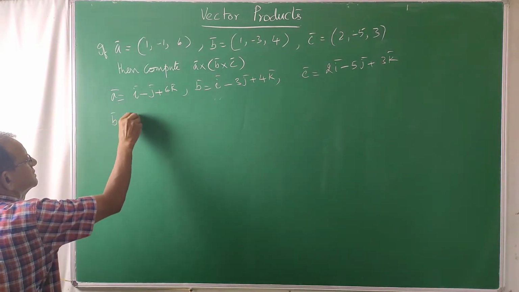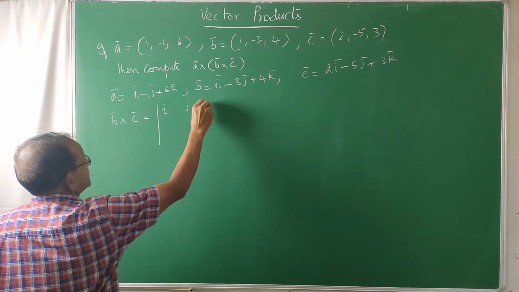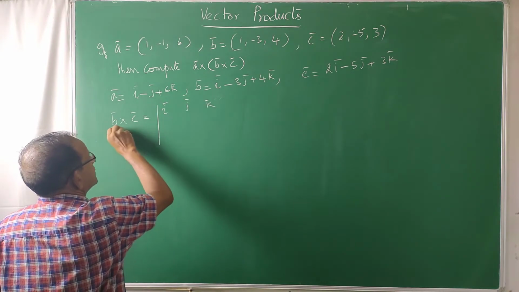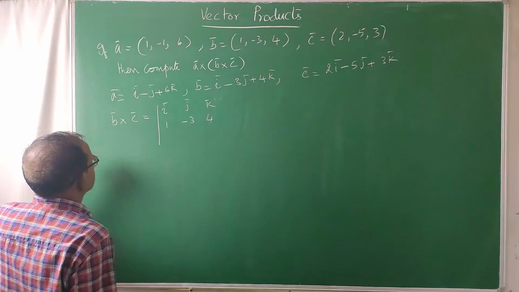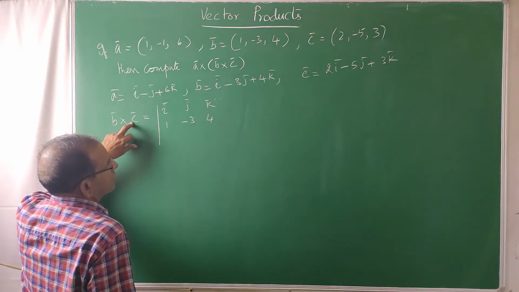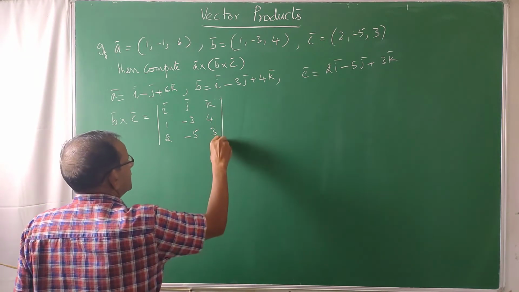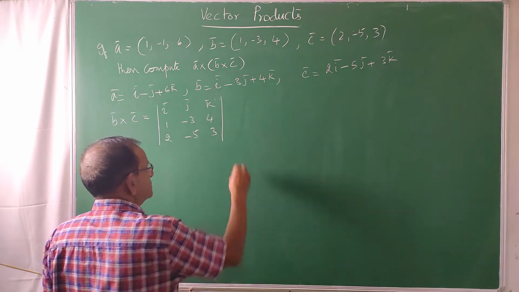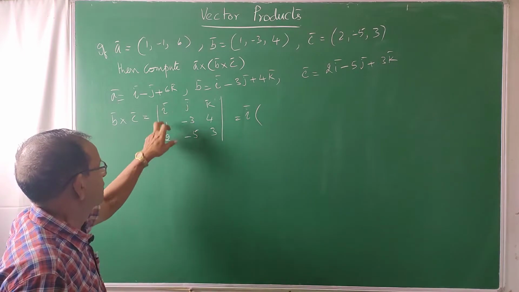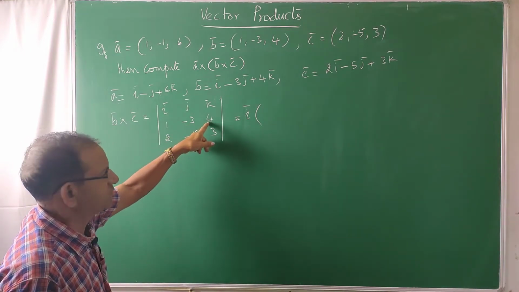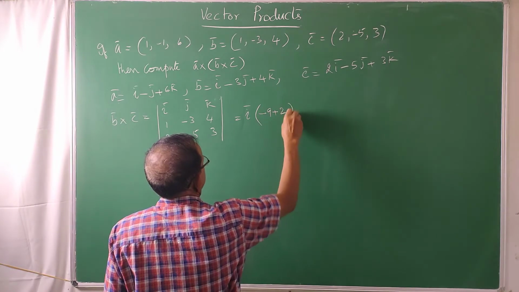B bar cross C bar is equal to: first row is i, j, k, second row is components of B bar, 1, minus 3, 4, third row is components of C bar, 2, minus 5, 3. Let us expand this. i bar into, delete this row and column, minus 9 plus 20.